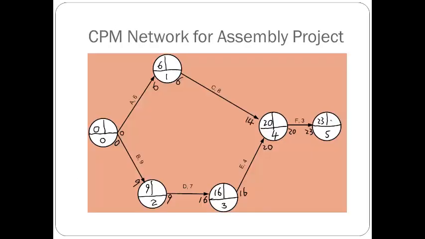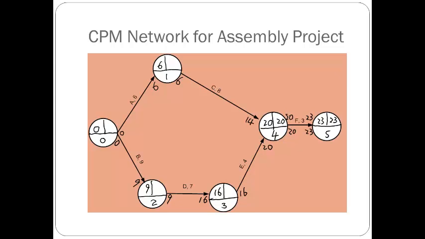So this node is the terminal node, so the latest event time is the same. Then we go backwards. The latest finish time is 23, and it takes 3 days to finish, so it's just the 20 here. So for F, you can see that the earliest finish, latest finish, earliest start and latest start are the same. And when you go backward, this number here becomes this 20 here.